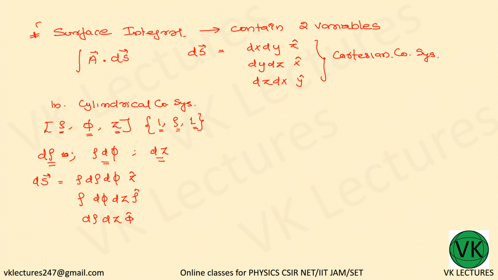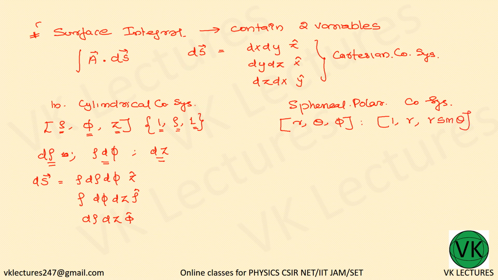And now we will see the spherical polar coordinate system. For that we need the coordinates r, theta, phi, and the corresponding metric elements 1, r, r sin theta. What are the length elements? 1 times dr, so it is dr, r times d theta, so it is r d theta, and r sin theta times d phi, so r sin theta d phi.